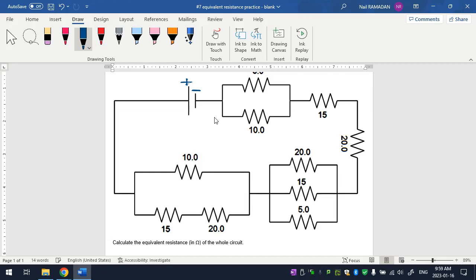Negative means more electrons, and positive means a deficiency, or lacking electrons. So electrons flow from here all the way to here. That's called the physical current, because that's what really happens in a physical, real system.